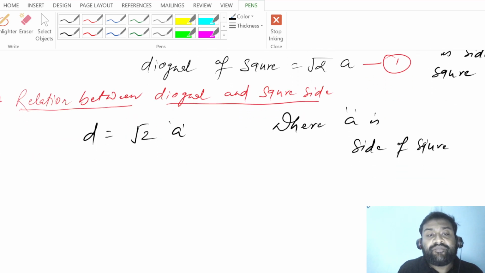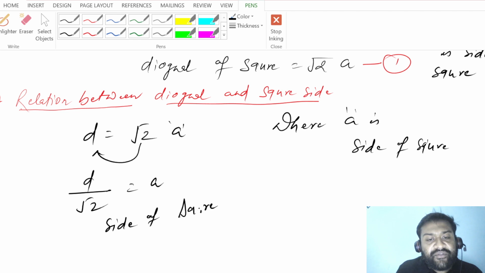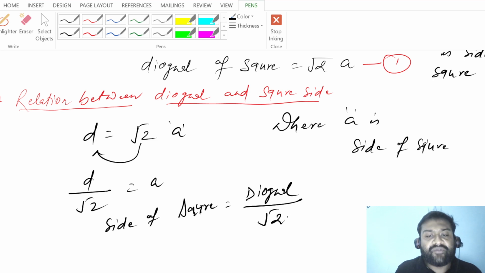Now we can take out A from here. So sending root 2 to this side, D upon root 2 is equal to A. Seeing this we can write that the side of a square is equal to diagonal upon root under 2.